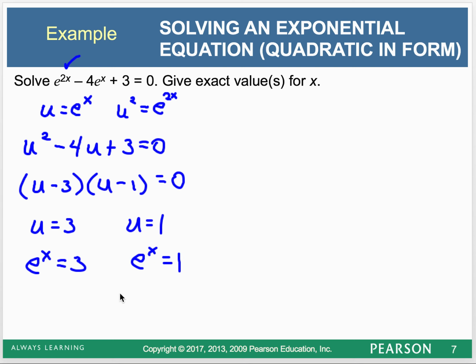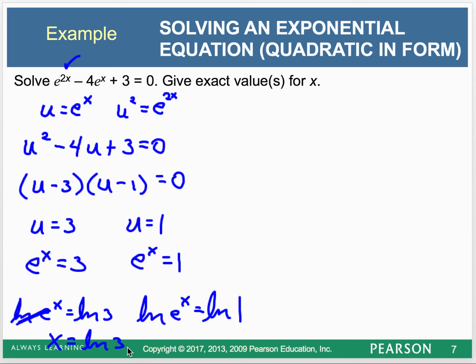Okay, so now what am I going to do? Right, take the log of both sides, specifically the natural log. So the natural log of e to the x is the natural log of 3, and the natural log of e to the x is the natural log of 1. This is just saying x is the natural log of 3.